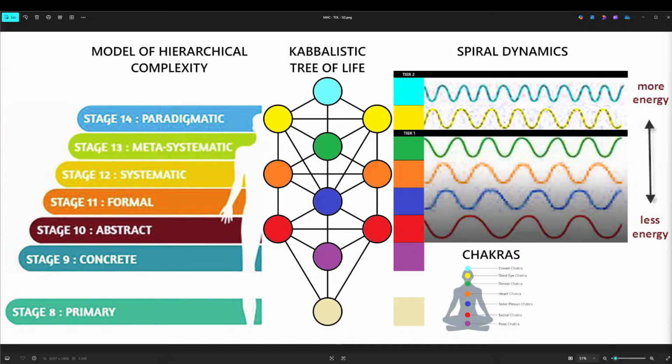So it's basically truth versus belief as you go higher through the levels.